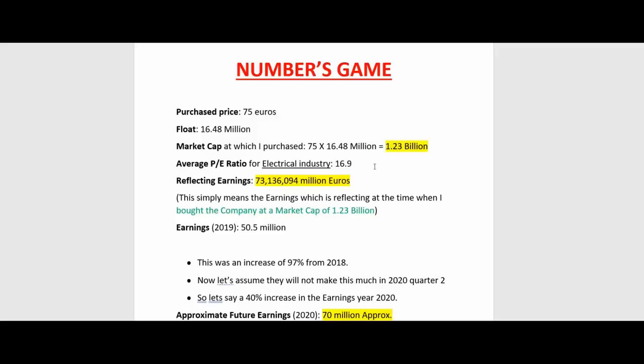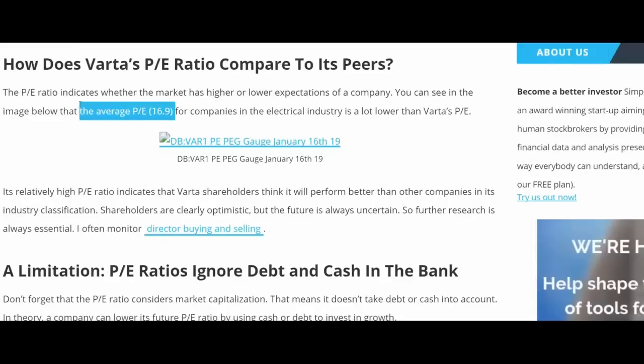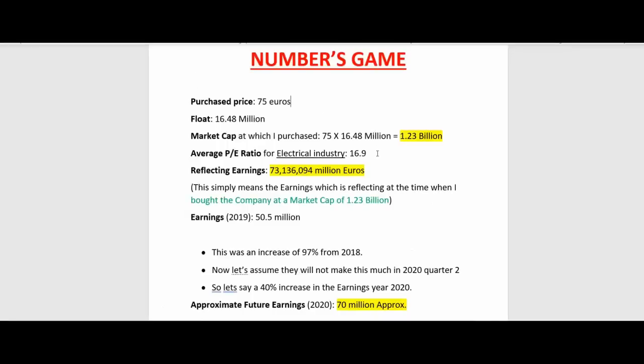Now the average PE ratio for electrical industry is 16.9, and this value I have got from Yahoo Finance, and you see that 16.9 is the average PE ratio for the electrical industry. So I took this PE ratio because, like I said, this PE ratio is considerably good and believable according to me. So that's what I do when the PE ratio for any company is quite high, to check if that PE ratio is actually justified.